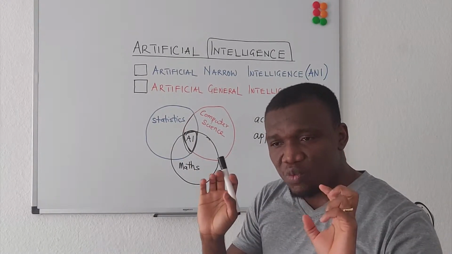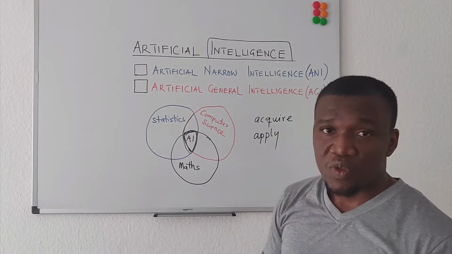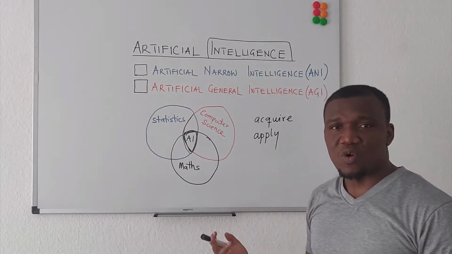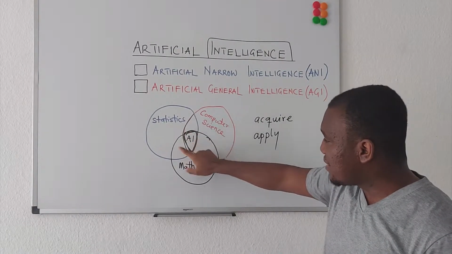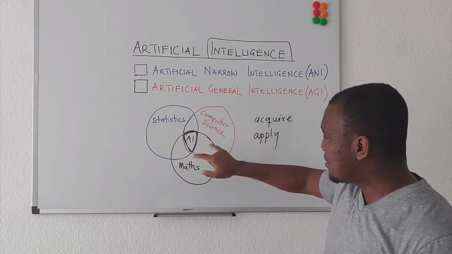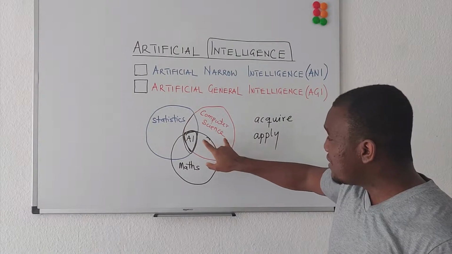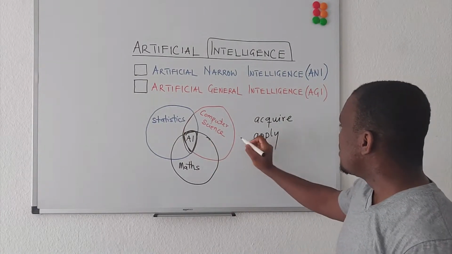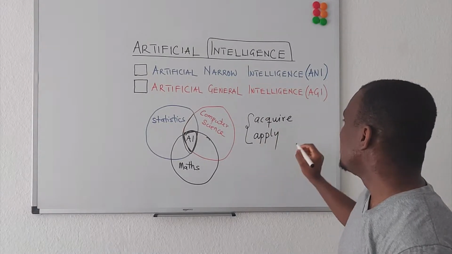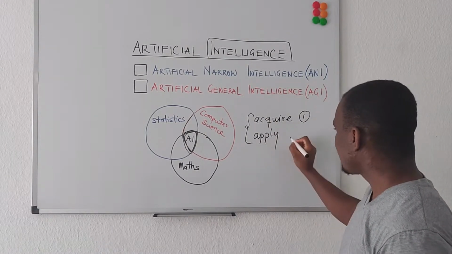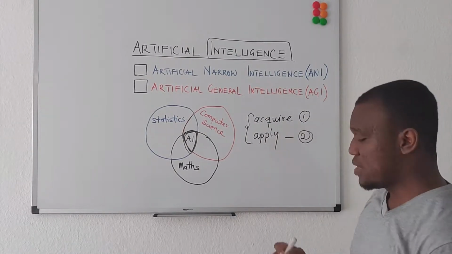Well, I'll explain what it means to learn once we get practical in this course. But for now, I want you to understand that AI sits at the intersection of math, statistics, and computer science. And what it seeks to do is to be able to let computers have these 2 capabilities. So 1 is to acquire, and 2 is to apply.